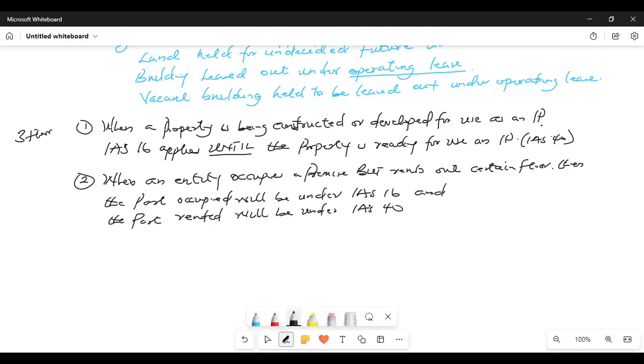So please know that a property held under IAS 16 is not an IP. Property under IAS 2 is not an IP. A property that is being constructed or developed for a third party is also not an IP, because you are not developing for yourself, and it's not like you are renting it.